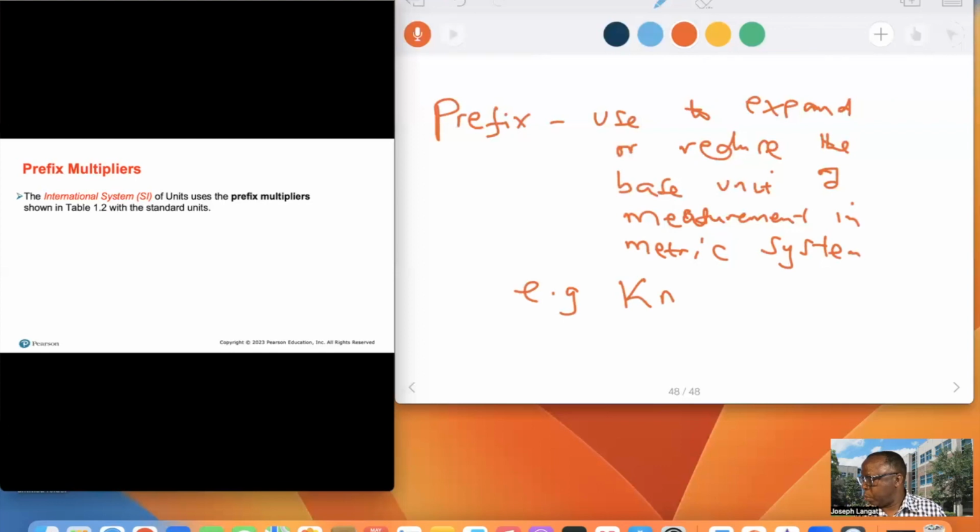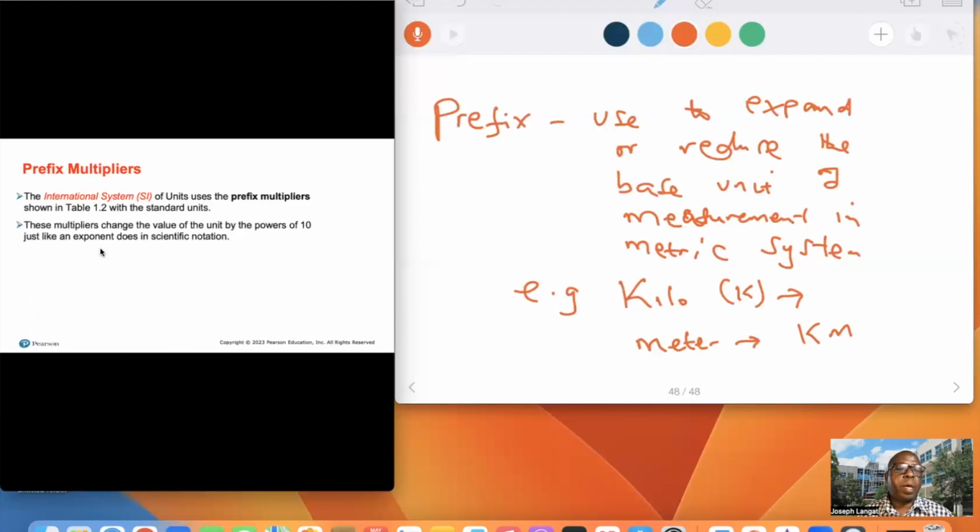Prefixes include kilo. When we say kilo, we can increase the base unit meter to kilometer. That means we have increased by 1,000 times. They are the multipliers.